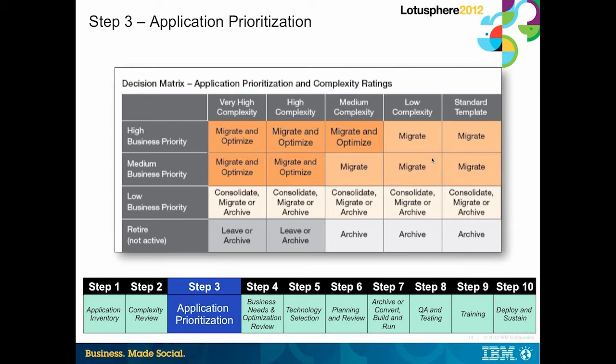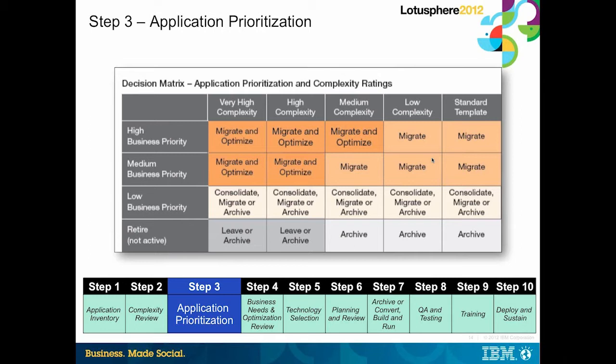It's a workflow-based application, very high complexity. Then it falls into a categorization of what we call migrate and optimize. Then we want to migrate it to whatever our target is going to be, hopefully XPages, and during that process, we also want to optimize it.